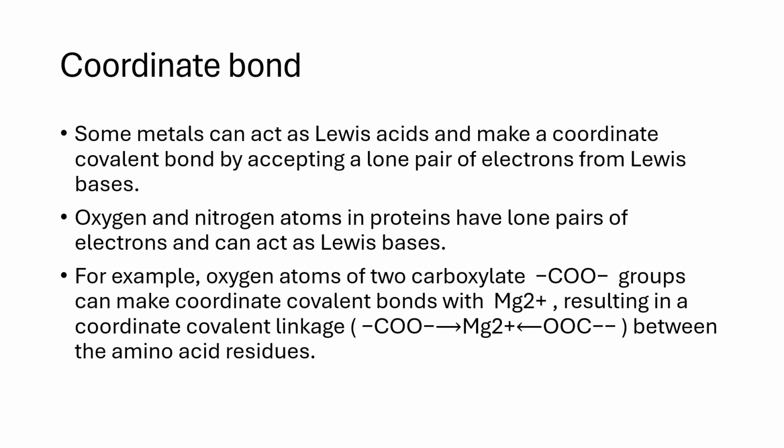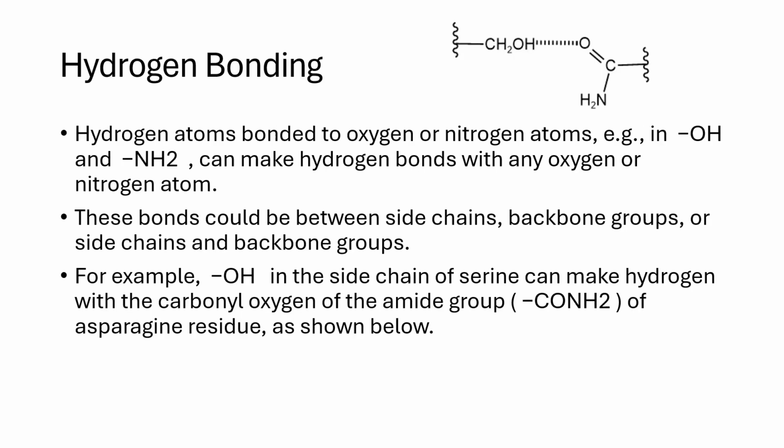So, for example, oxygen atoms of two carboxylate groups can make coordinate covalent bonds with magnesium, Mg2+, resulting in coordinate covalent linkage between the two amino acids, right? So they can create a coordinate bond and a covalent linkage.